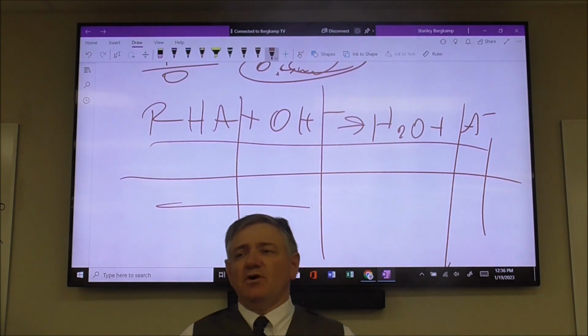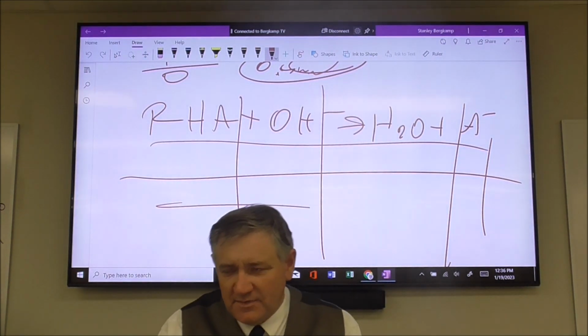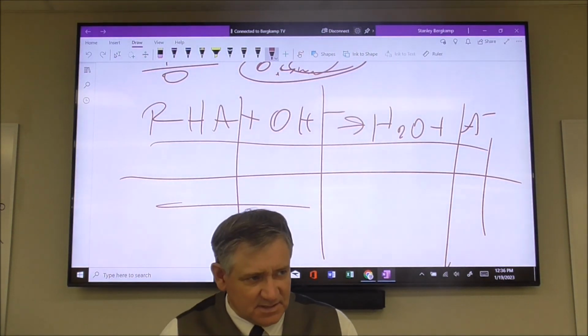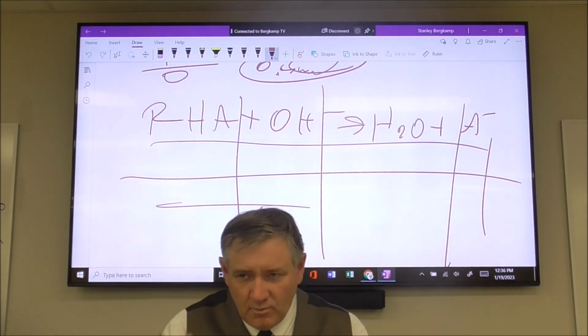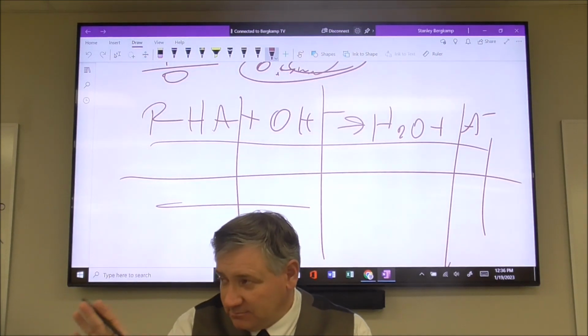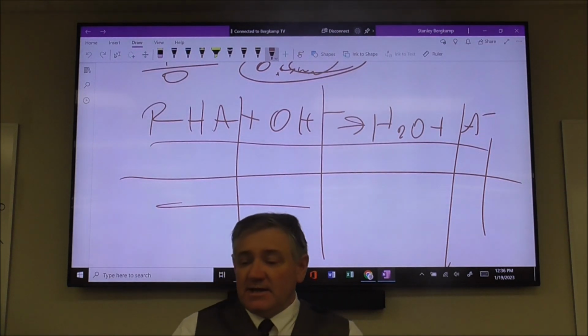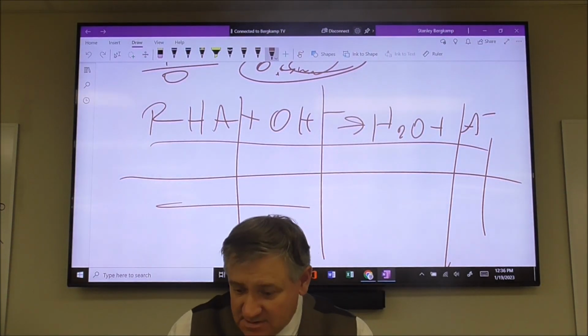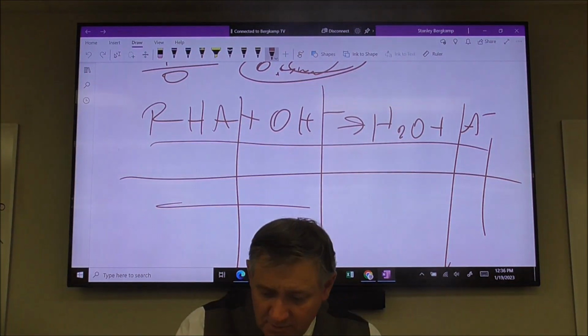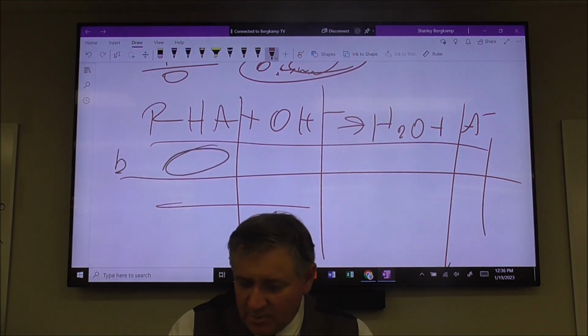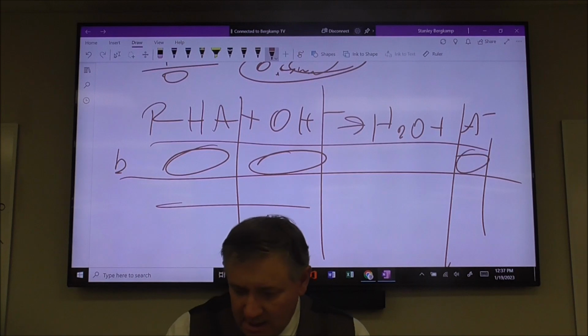In other words, you don't have to rewrite that reaction every time because it's going to stay the same. Now, with that caveat, a little bit of freedom also comes with responsibility. Let's say you're going to do B, so you're going to have a certain number of millimoles of your acid, anion, change.